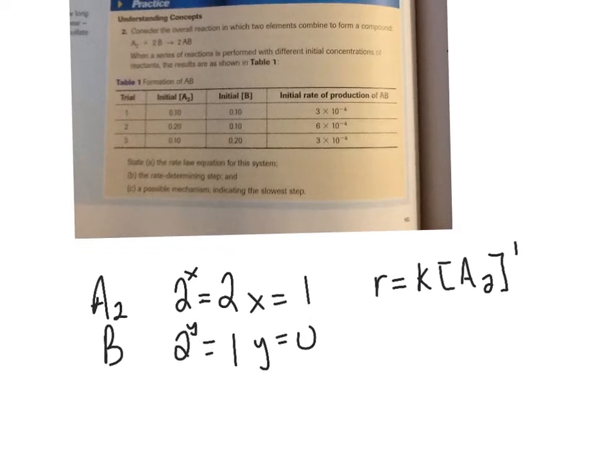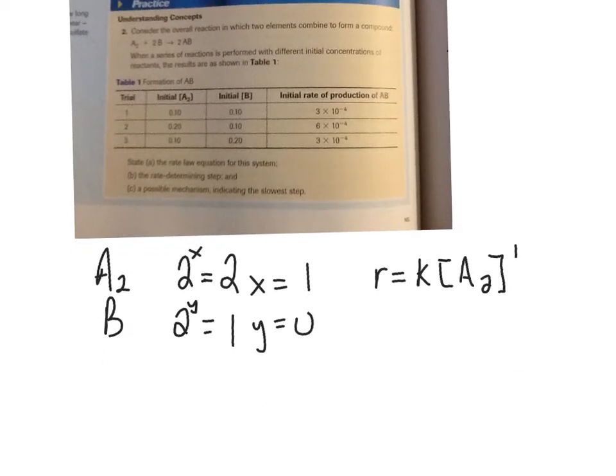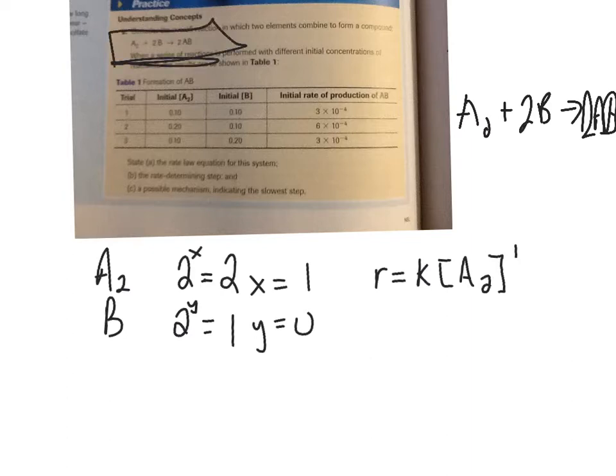It's got to do something. This is our overall. We want to get A2 plus 2Bs goes to 2ABs. It's right up here. So this is our rate determining step, right? You get your rate law expression.